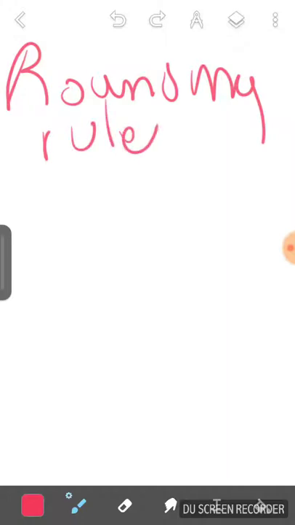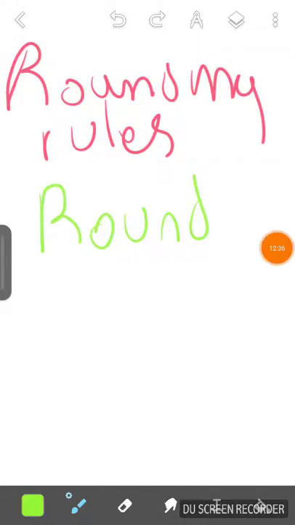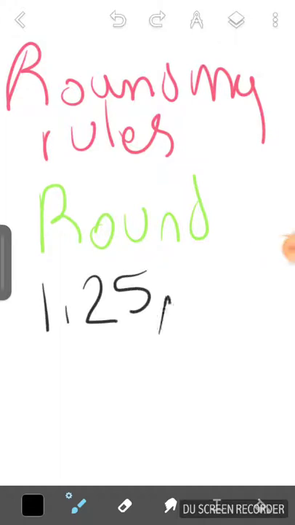Let's get back to it. So I'm going to say round 1.25 milliliters equals what? 1.3 milliliters.